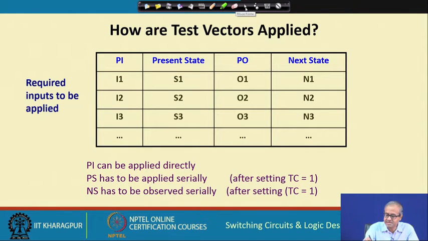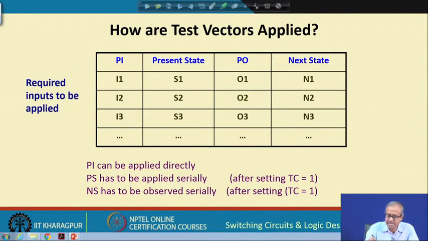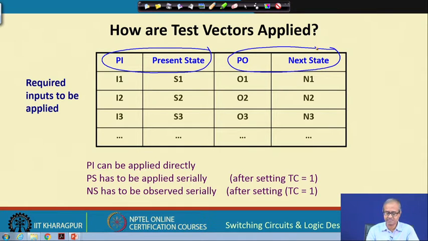So, the test generator will be generating the data where these will be the inputs of the combinational circuit and these will be the outputs of the combinational circuit. Symbolically, let us say, just as an example, suppose the test generator has generated some inputs I1, S1, I2, S2, I3, S3 and the expected output values are O1, N1, O2, N2, O3, N3.